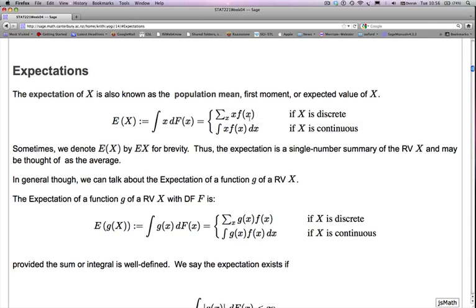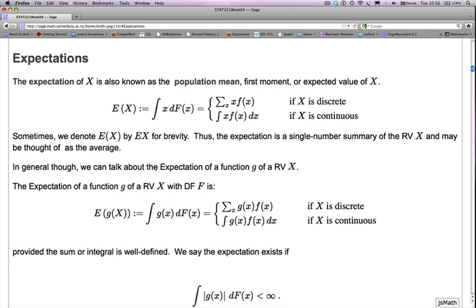So if it's a discrete random variable, we simply multiply the values x can take with its probability mass function and sum over all possible values x can take. And if it's a continuous random variable, we integrate x with respect to its probability density function over the entire real line. So that's all expectation is.